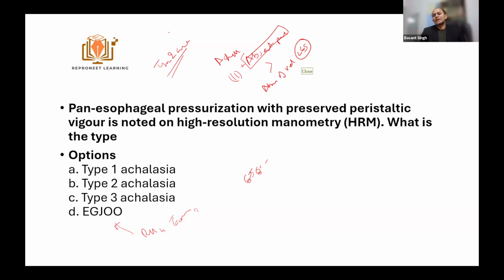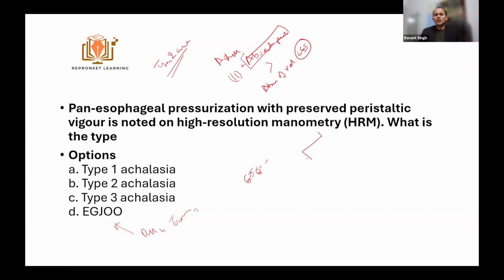If there was no relaxation, I'm coming to that. Your relaxation point, I'm coming to that. Suppose I take your point also, that they had mentioned non-relaxation of the lower esophageal sphincter. If you read the Chicago 4 classification, this is how they have tried to classify the motor disorders of the esophagus.